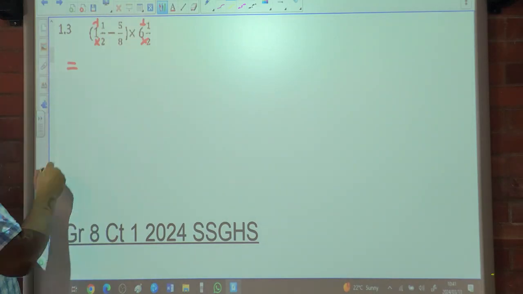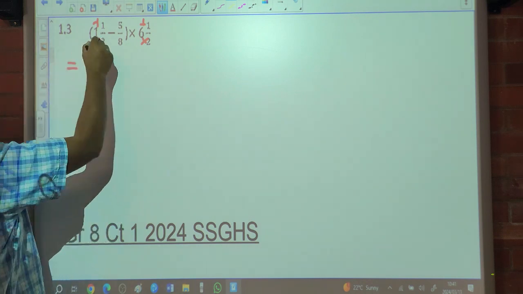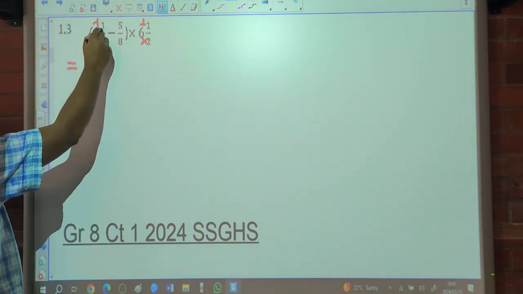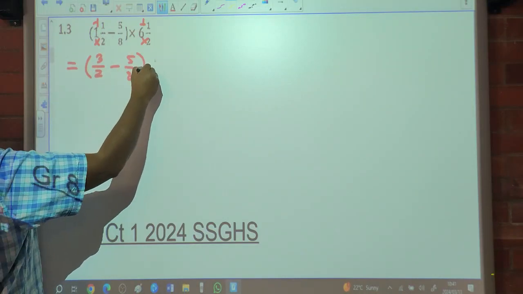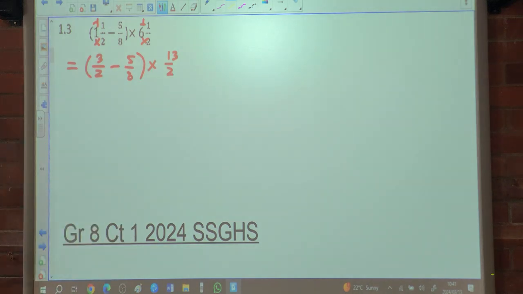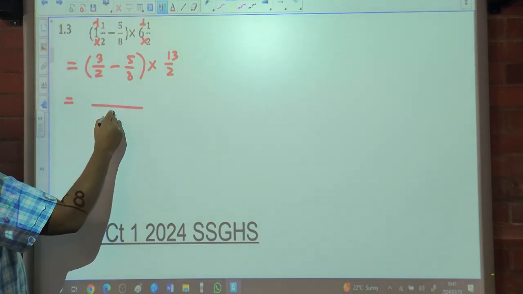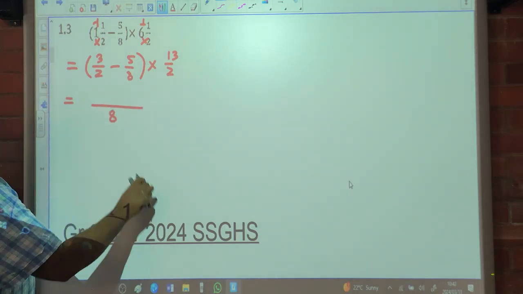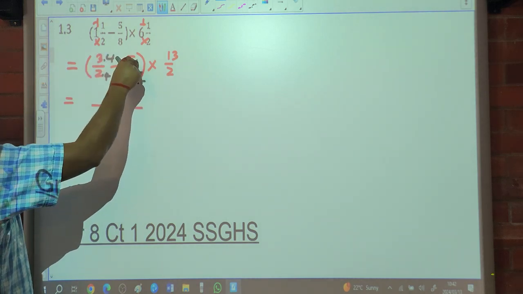Right. Remember what happens? You must change this to improper fractions first. So 1 times 2 is 2 plus 1 is 3. So it's 3 over 2 minus 5 over 8 multiplied by 13 over 2. So what we do now, we need to do the brackets. But inside the bracket, we're going to find an LCM first. What's my LCM? 8. So 2 must be multiplied by 4, and 8 must be multiplied by 1.